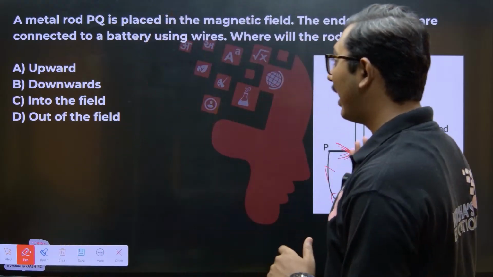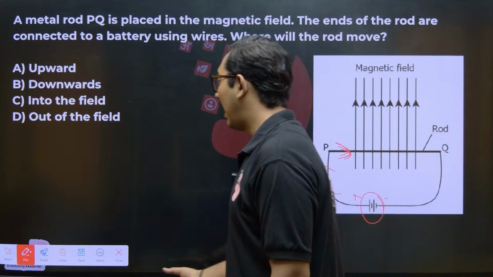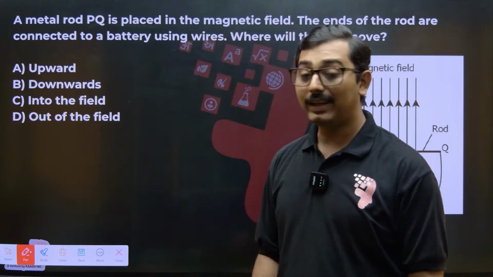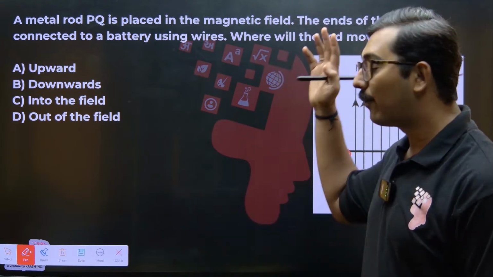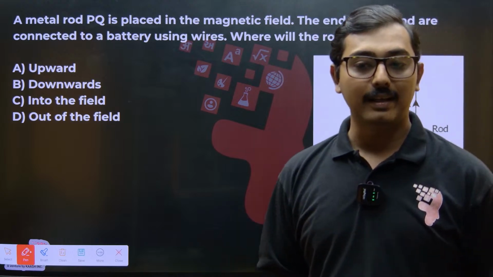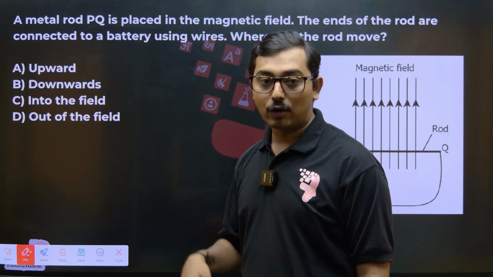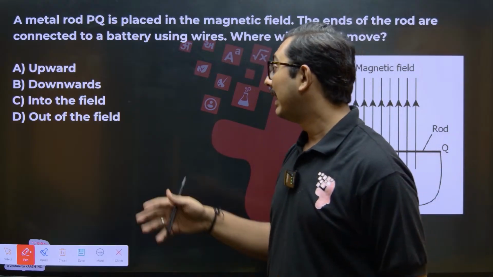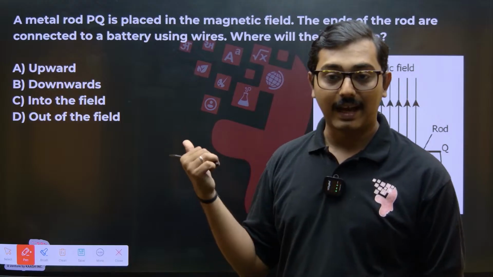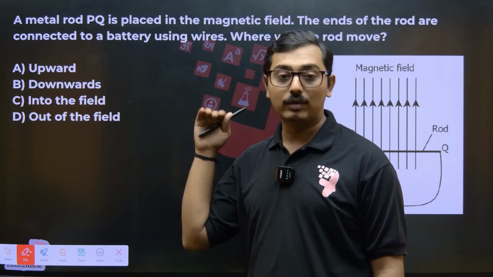It is going to be outward, out of the field, not upward, not downward. Upward it cannot be, because that is the same direction as the magnetic field lines. Downward it cannot be, because that is opposite to the magnetic field lines. Into the field means it is going inside, or it should come outside of the field.